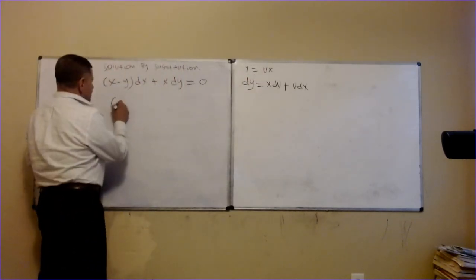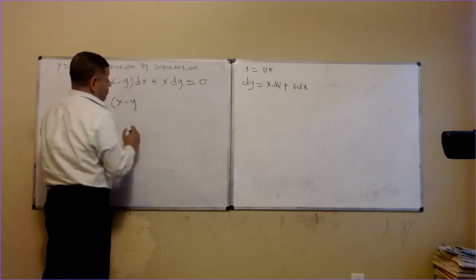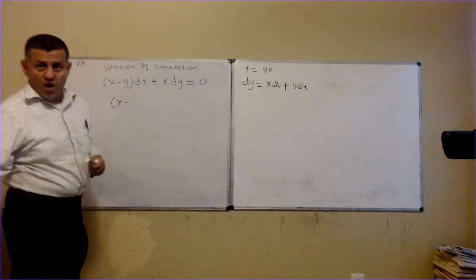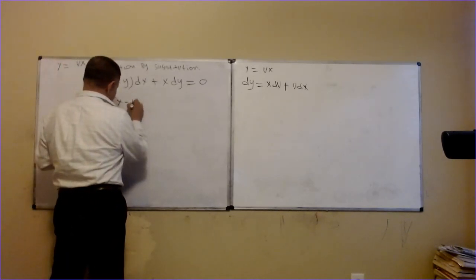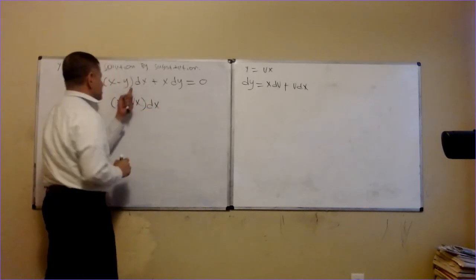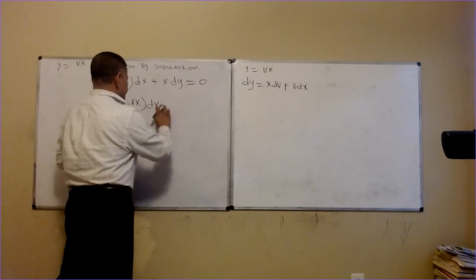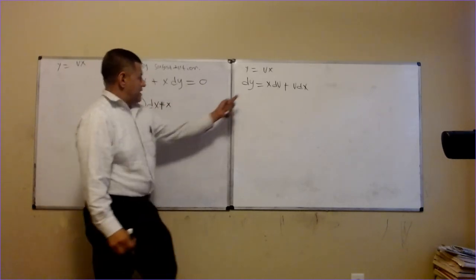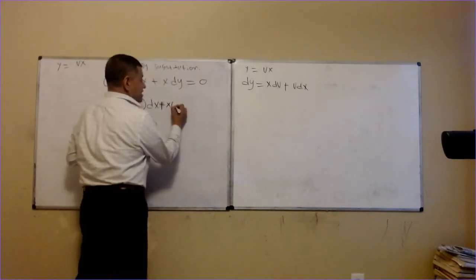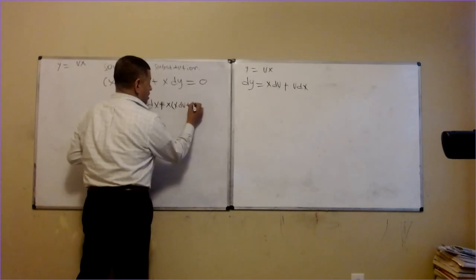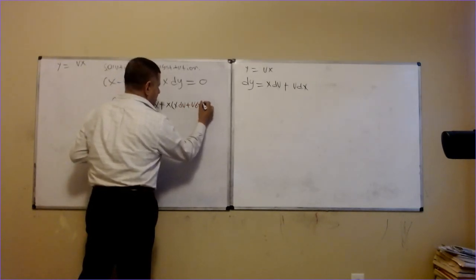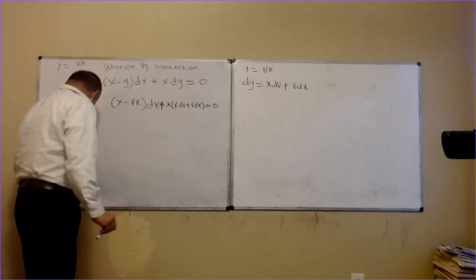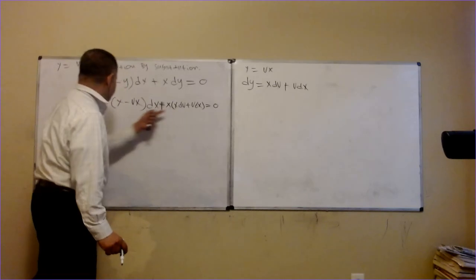So it's x minus y, and y is vx, so I get (x minus vx) dx, very important to keep it there, plus x times (x dv plus v dx) equals 0.